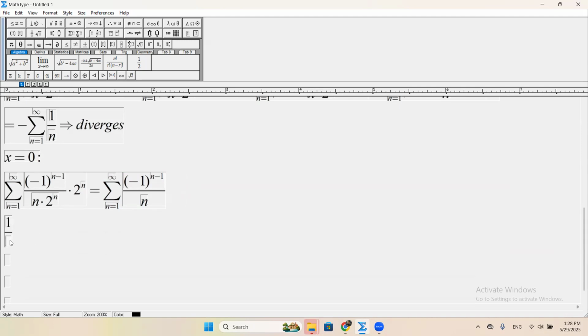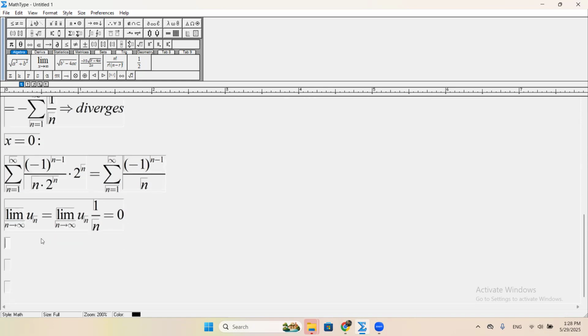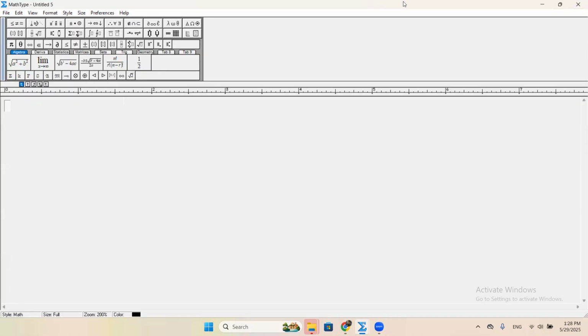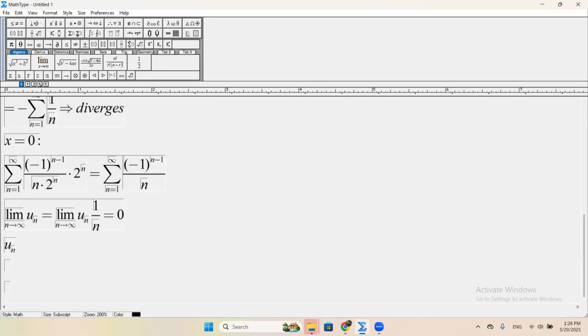Of course, writing down the limit first of all: 1 over n equals 0. So the first requirement is met. And what about the second? u n plus 1 equals 1 over n plus 1, and it is less than 1 over n.